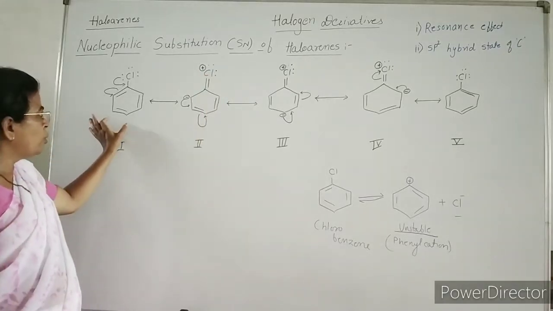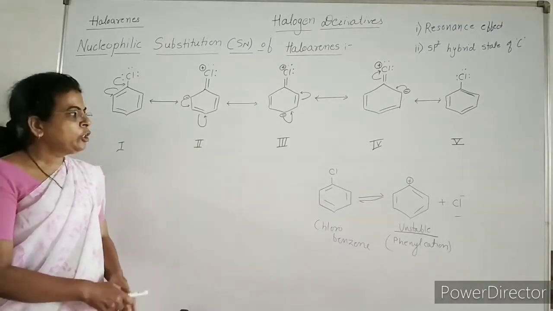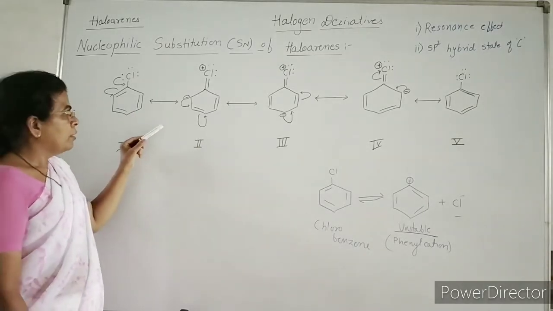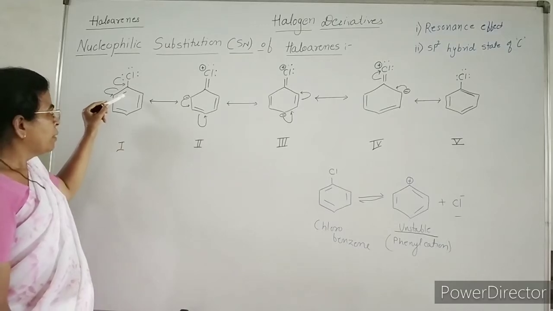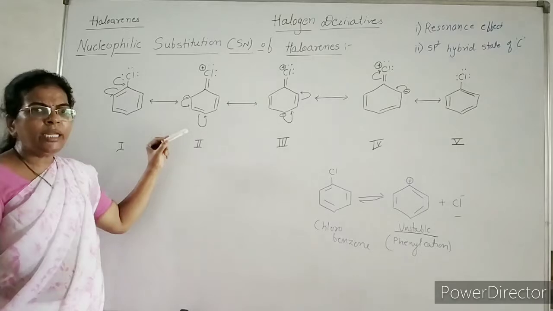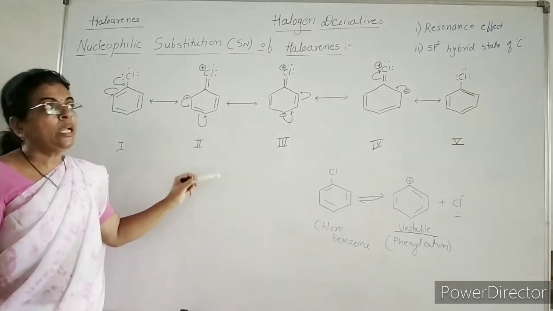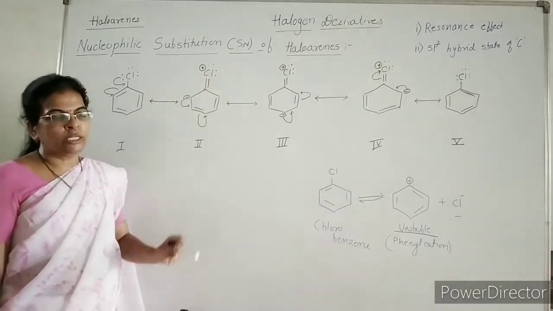Chlorobenzene is an example of a haloarene. Chlorobenzene, or any haloarene such as bromobenzene or iodobenzene, does not easily undergo nucleophilic substitution reaction.